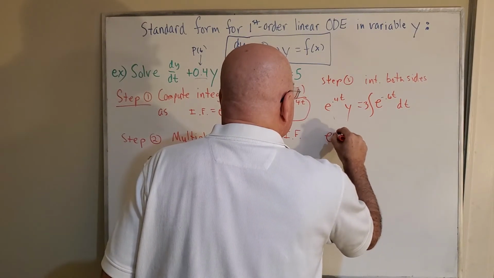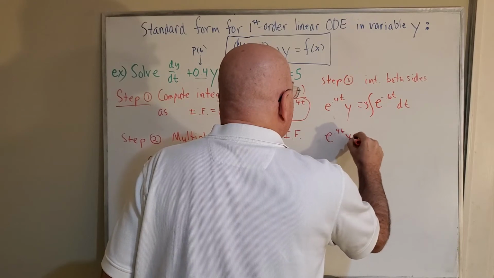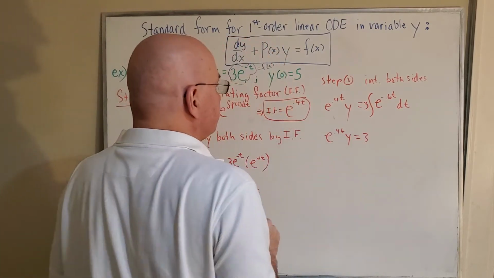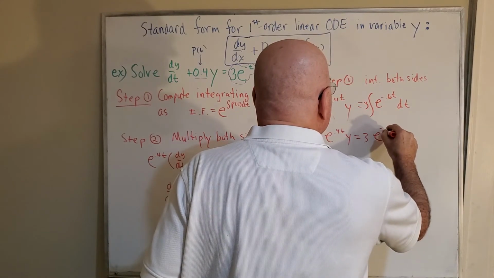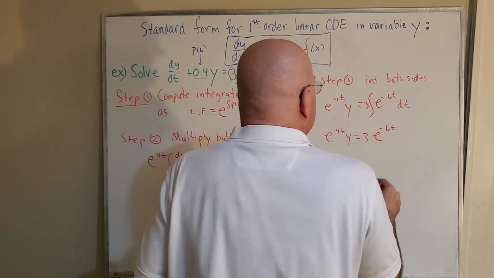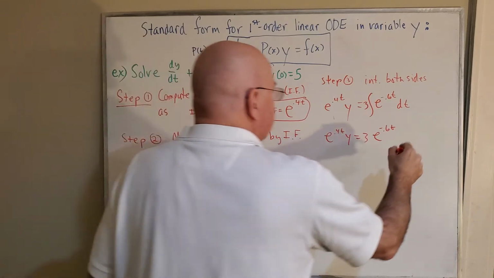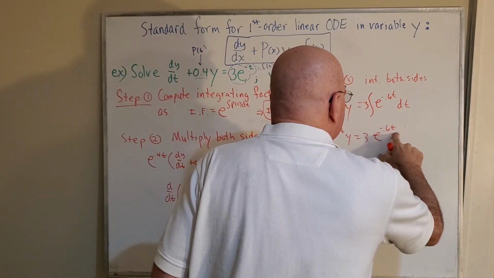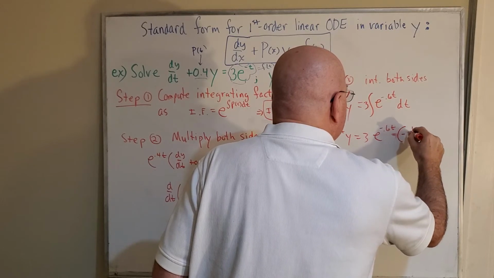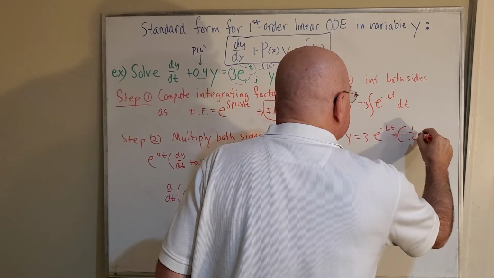So e^(0.4t) y is equal to this times e^(-0.6t) divided by, or multiplied by, negative 1 over 0.6.